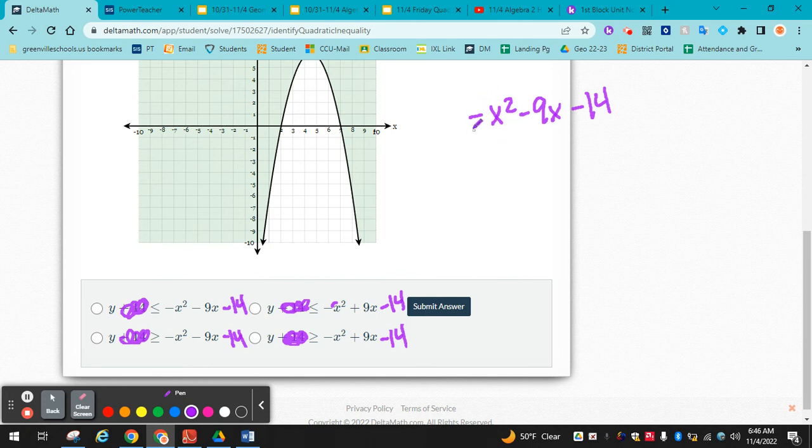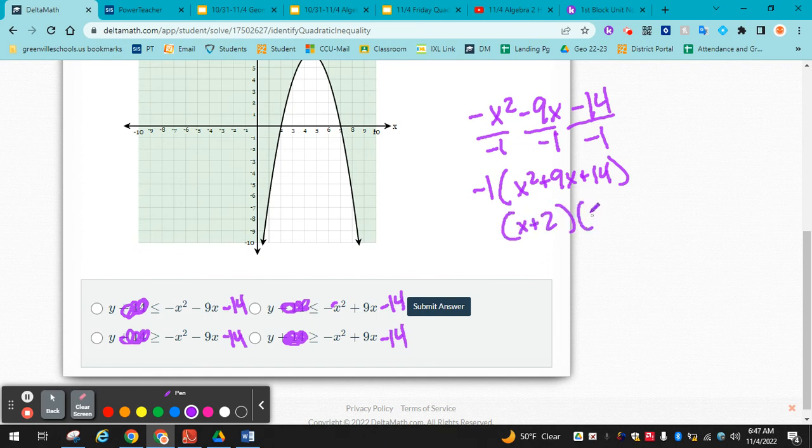Try to get a positive anytime you can. Keep a positive. So I'm gonna divide everything by negative 1. And then we'll have x squared plus 9x plus 14. 14 is 2 and 7, to add to 9. So x would equal negative 2 and x would equal negative 7.